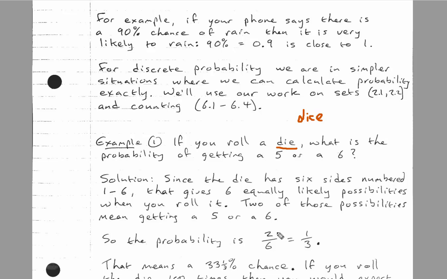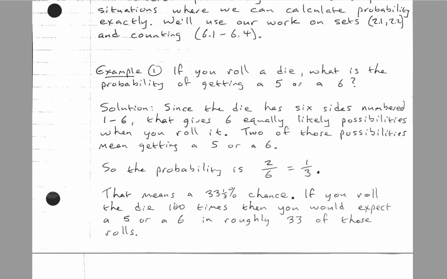We'll see a formula in a minute, but just these 6 possibilities, and we're interested in 2 out of the 6. So that's this fraction, 2 over 6, which is 1/3. So that means there's a 1/3 chance, or as a percent, a 33 1/3% chance of getting a 5 or a 6.